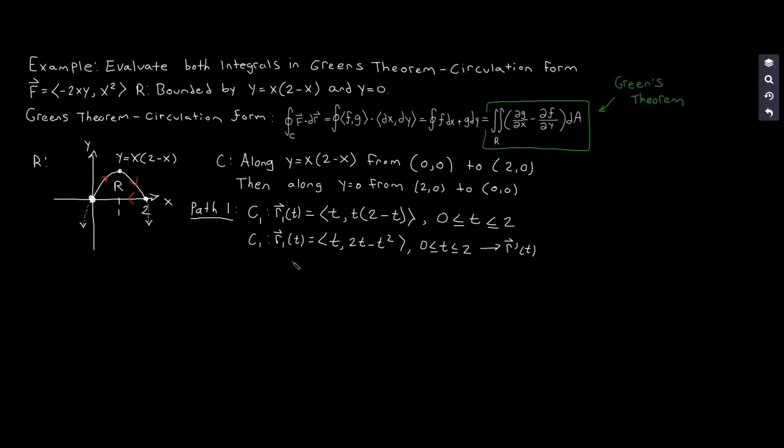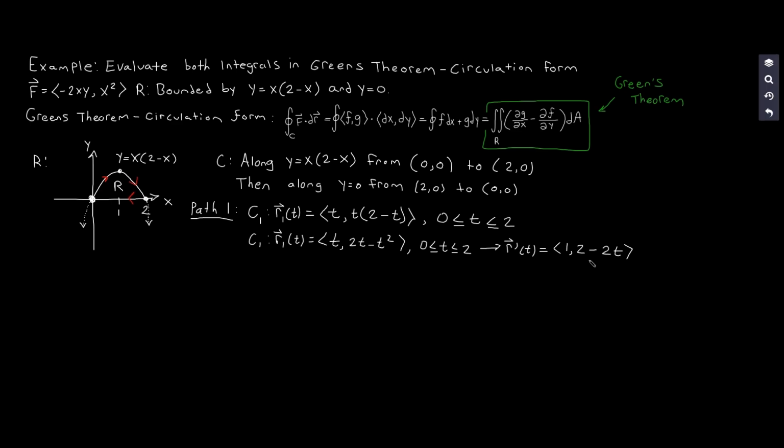What's the derivative of t? That is going to be 1. And what's the derivative of 2t minus t squared? The derivative of 2t is 2, and the derivative of negative t squared is negative 2t. So in full, the derivative of that vector is 1, 2 minus 2t.